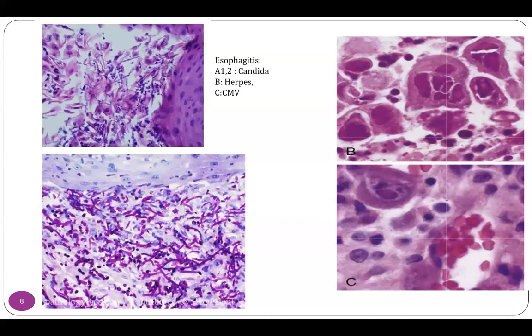Let's ask this gentleman. What do we see in the three types of infectious esophagitis? I said we have three important types. So what do we see grossly and microscopically? Well, you're busy with something else? At least admit it.